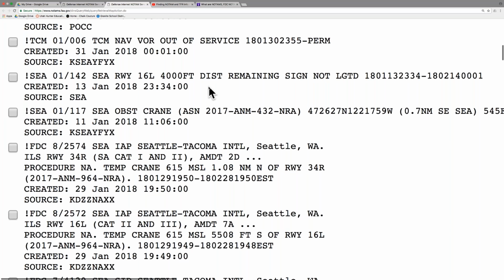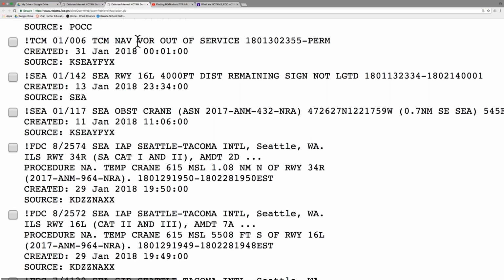So that last 4,000 feet of runway 16 left, there's a sign to the side that notifies a pilot that there's 4,000 feet left of the runway, and the sign's not lit. Not really affecting us, but we want to look at it, right?